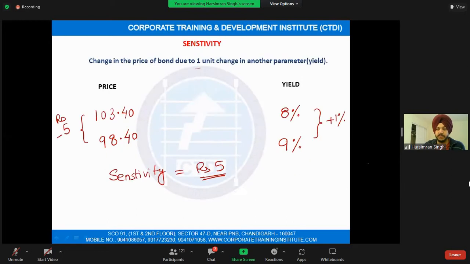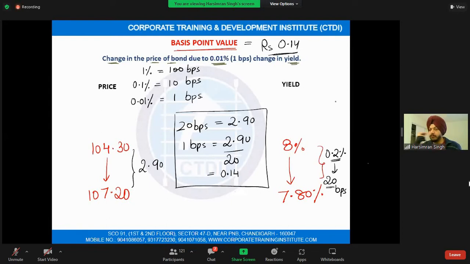In the previous question, we calculated the change for 1% change. Is it clear? We calculated for 1% change, but here I am going to calculate only and only for 0.01% change. That is known as 1 basis point.